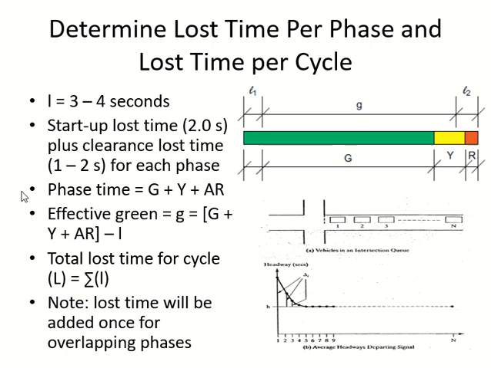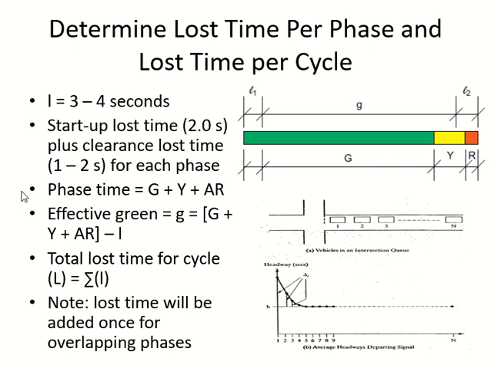This extra time is lost time because the actual minimum is this one, right? So the extra time is also lost time. This happens in every signal. This one is called startup lost time, and the other one, AR, is called clearance lost time. So every phase has a clearance lost time and a startup lost time. They have given us some recommended values: you can take the total of both startup and clearance to be 3 to 4 seconds.